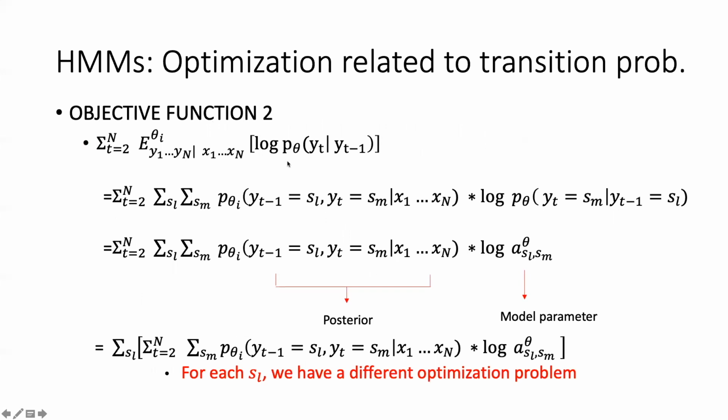Similar approach is carried out for the objective function to estimate the parameters of transition probabilities, computing the conditional expectation and factorizing it in terms of posterior and model parameters.